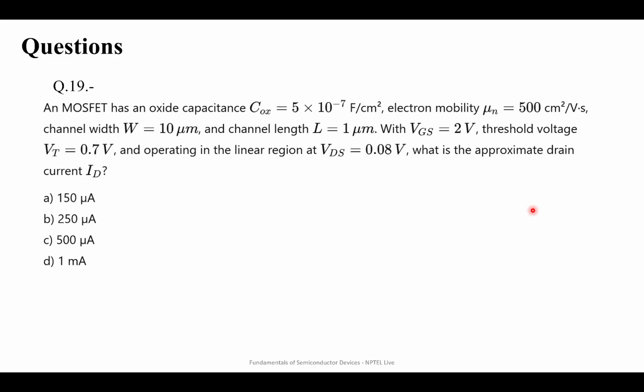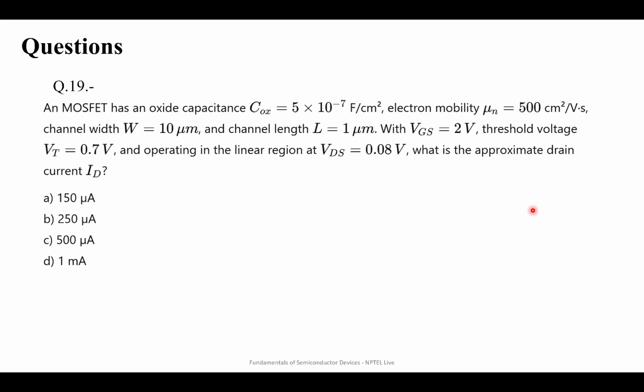So now another numerical. A MOSFET has an oxide capacitance Cox equals 5 into 10 raised to minus 7 farad per centimeter square. Electron mobility mu n equals 500 centimeter square per volt second. Channel width is W equals 10 micrometer and channel length is L equals 1 micron.